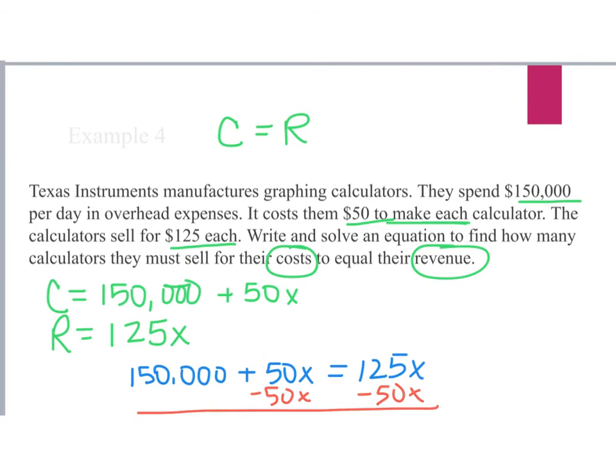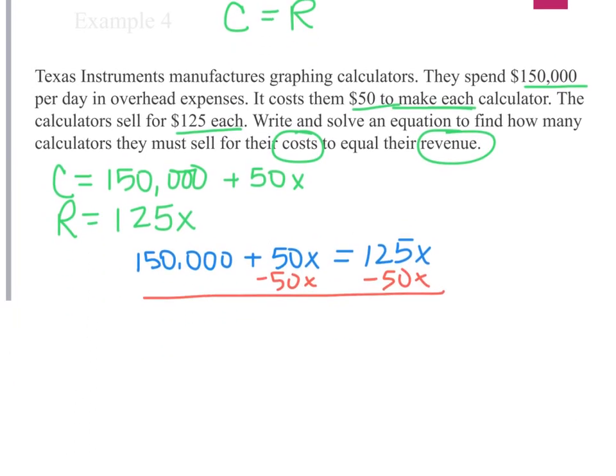When I do that, we end up with 150,000 left on this side. These are going to cancel. And 125 minus 50 will give me 75x.